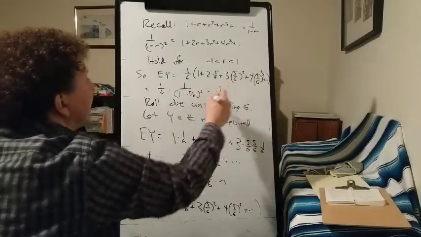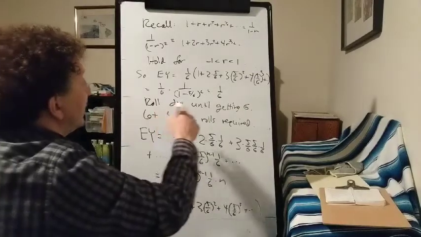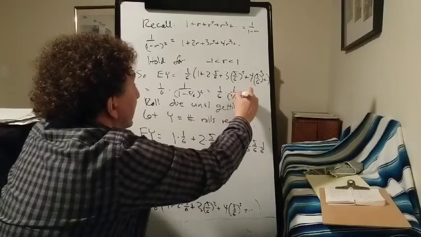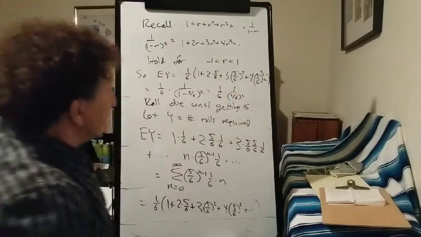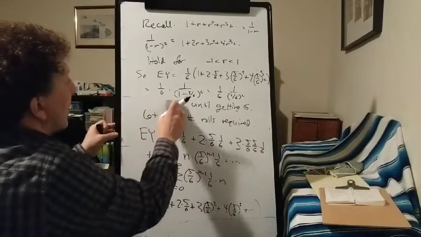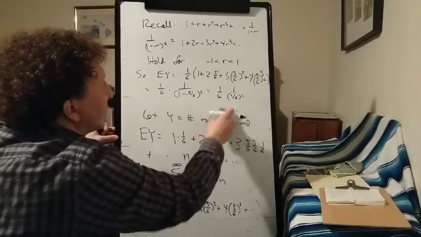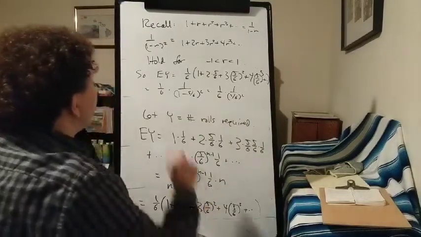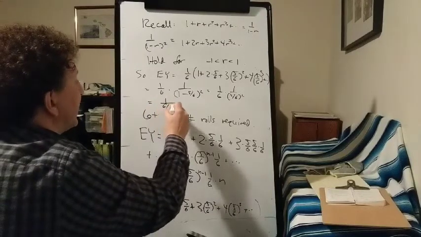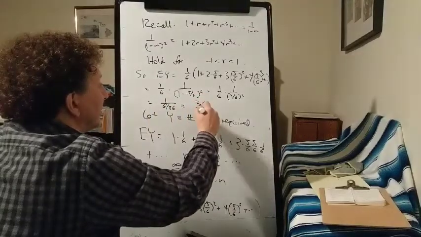So it's 1/6 times 1 over (1 minus 5/6) squared. 1 minus 5/6 is 1/6, so 1/6 times 1 over 1/6 squared. 1/6 squared is 1 over 36, so this is 1/6 over 1/36. 1 over the fraction is its reciprocal, 36 over 6.